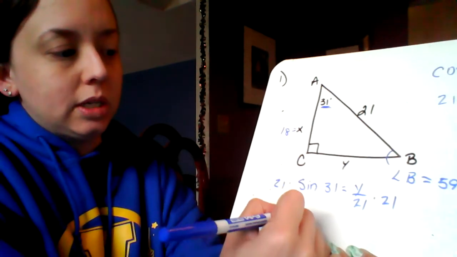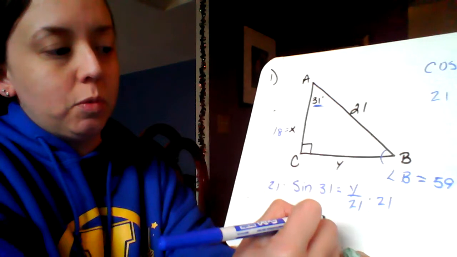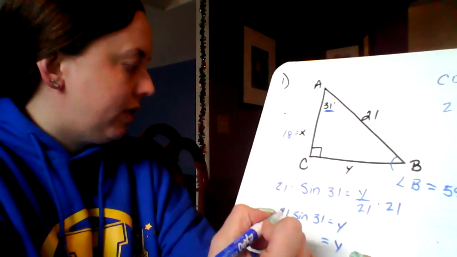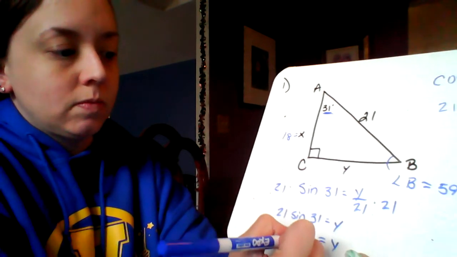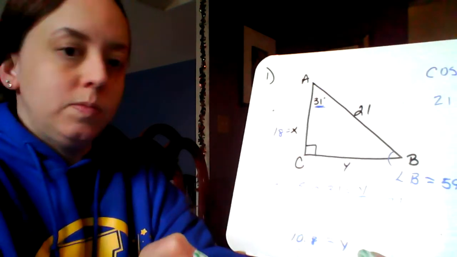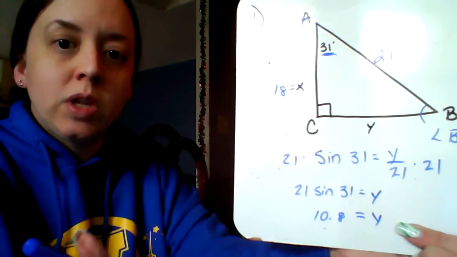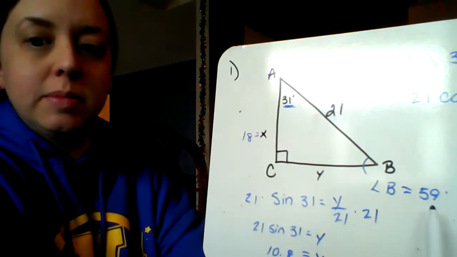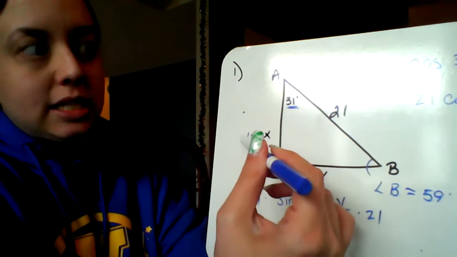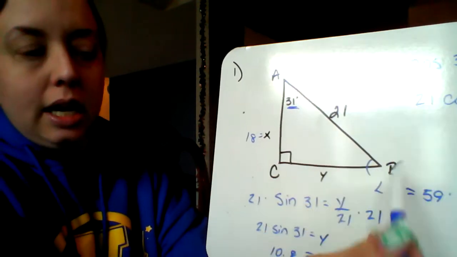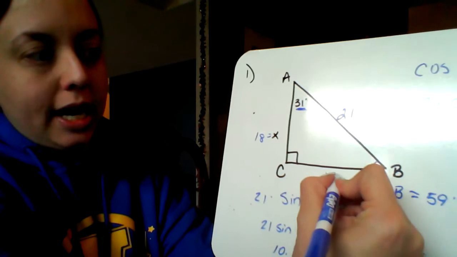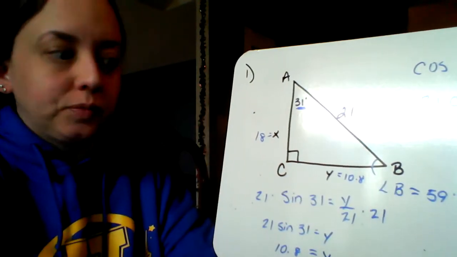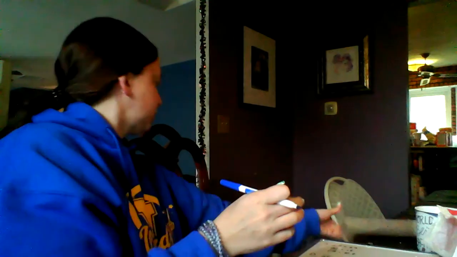So you have 21 times the sine of 31 going in your calculator, and you get a value of 10.8. Okay, so you have 59 degrees on the missing angle, you have 18 for x using cosine, and you have 10.8 for y using sine. Okay, so that's one example.